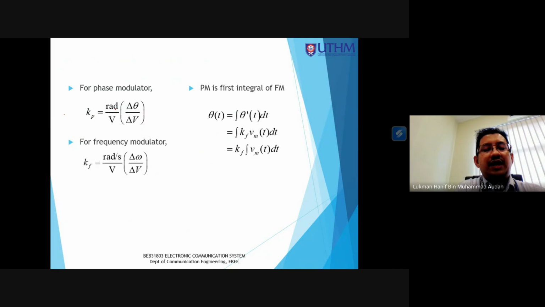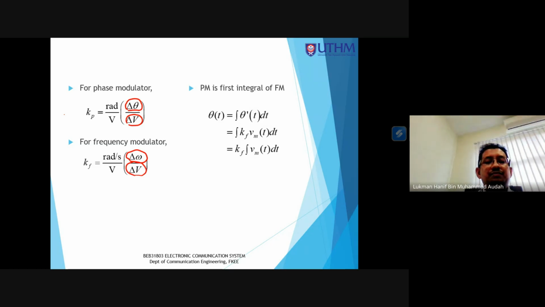So Kp is delta theta, the difference in phase of the carrier, divided by the difference of voltage of the carrier. Whereas for Kf, the unit is radian per second per volt, and it is equal to delta omega, the difference of omega, divided by the difference of voltage of the carrier.